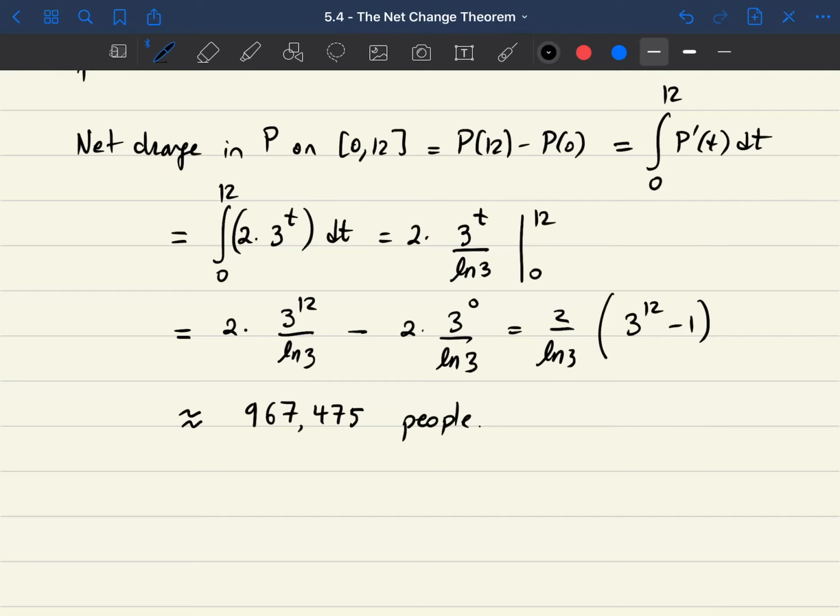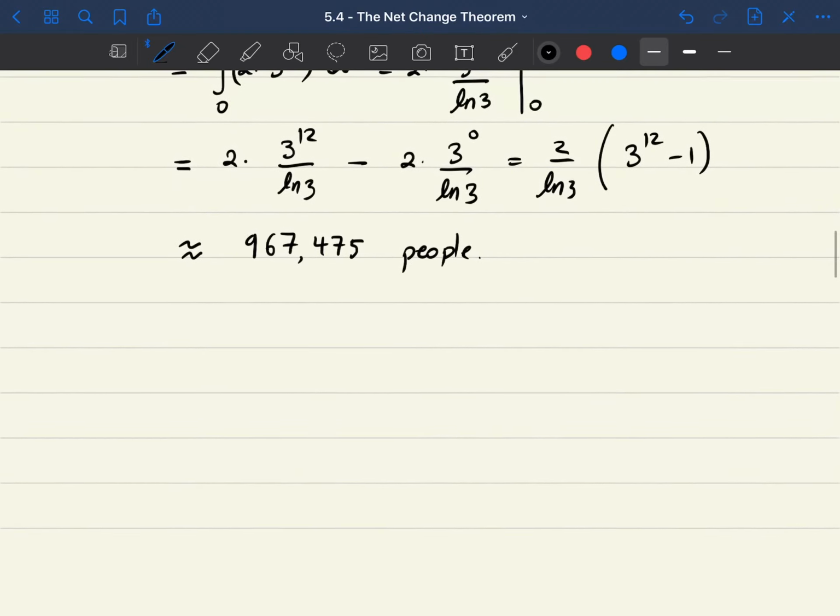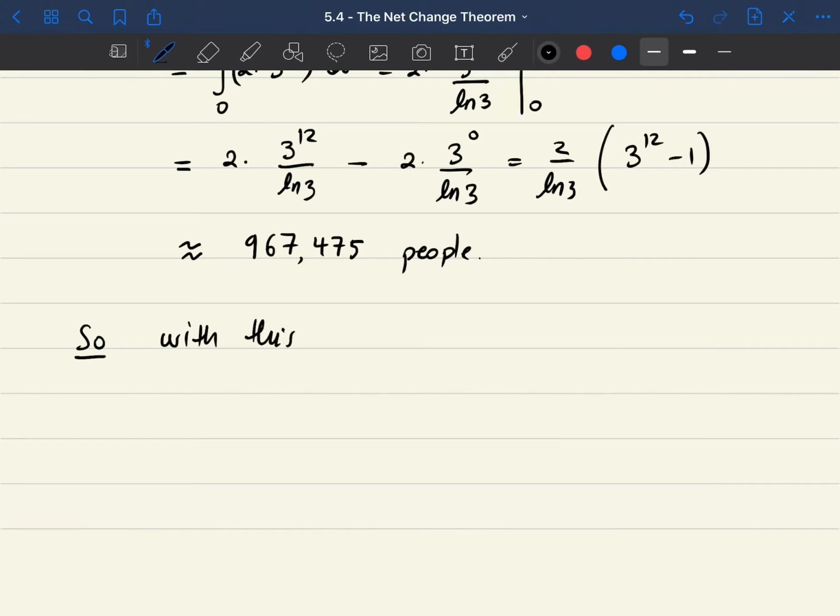So this means that with this rate of change, about 967,475 people will get the virus in 12 weeks.